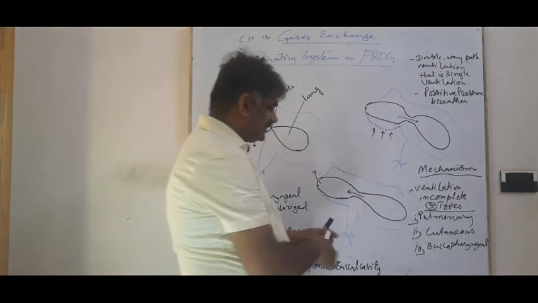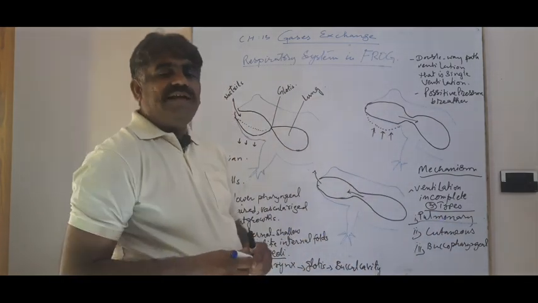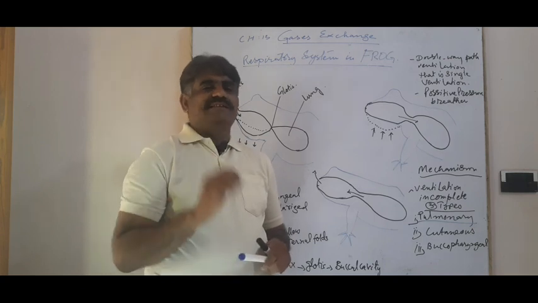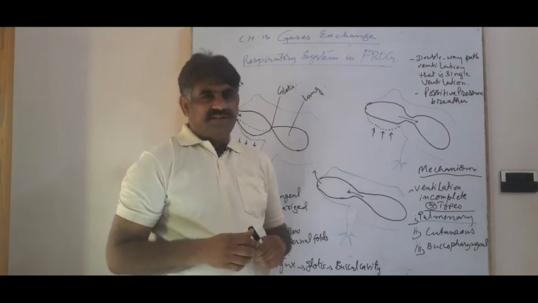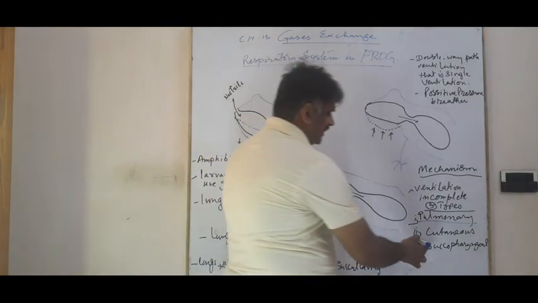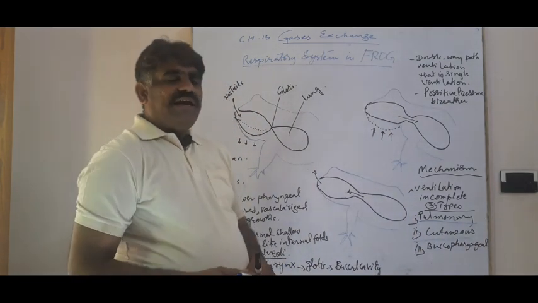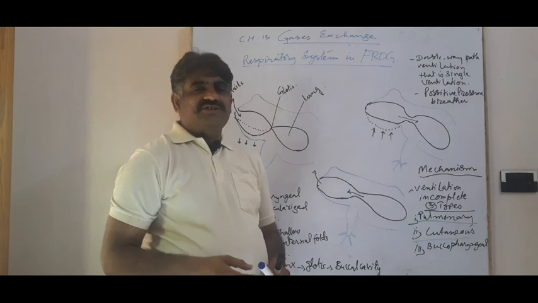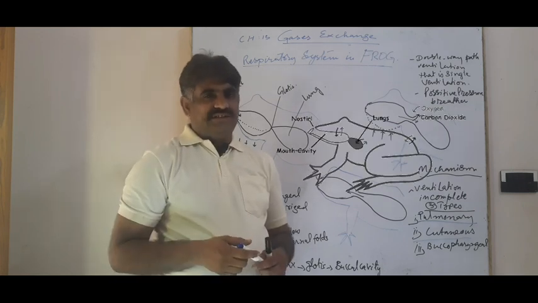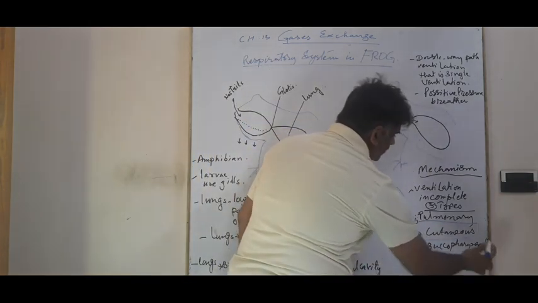I have written here pulmonary respiration, and majorly it respires through entire skin surface, that is cutaneous respiration. I have written the second one, cutaneous respiration, and also it respires through the inner lining of the buccopharyngeal region, that is called buccopharyngeal respiration.